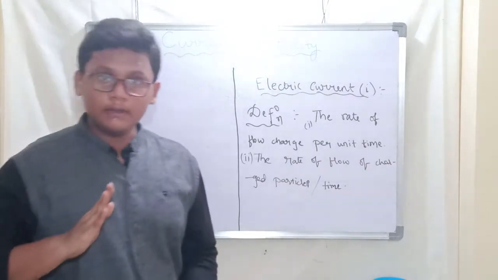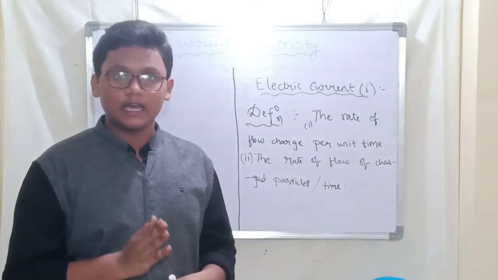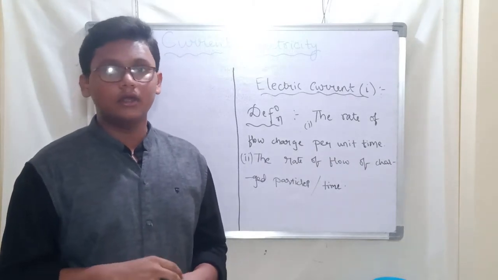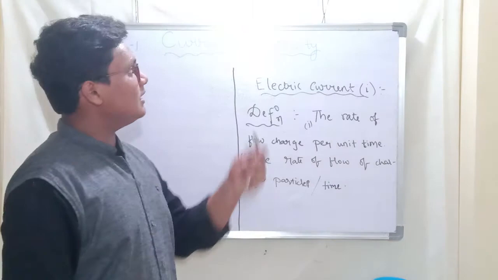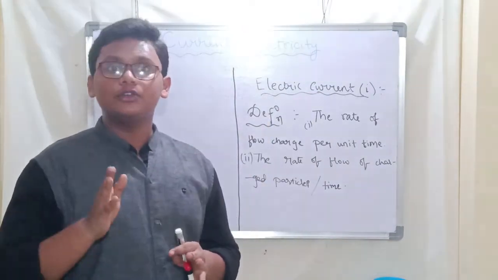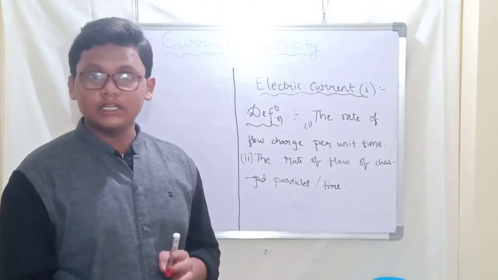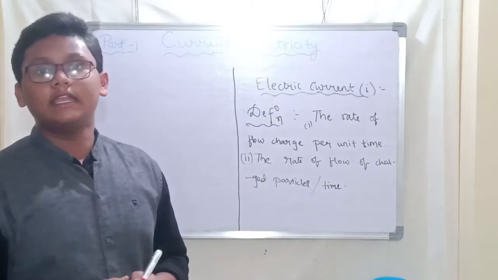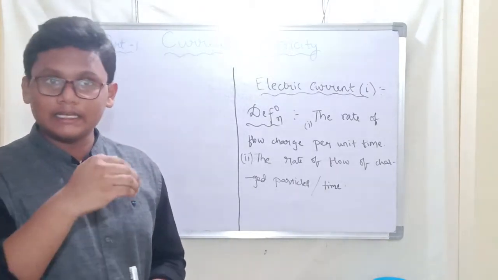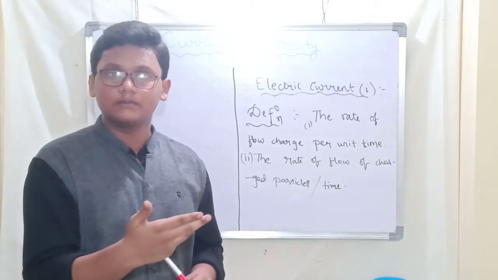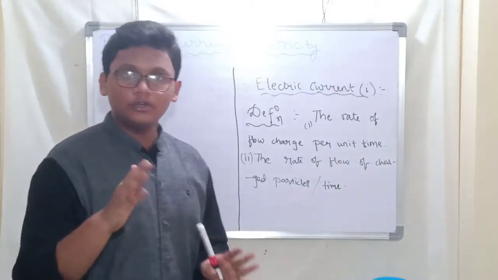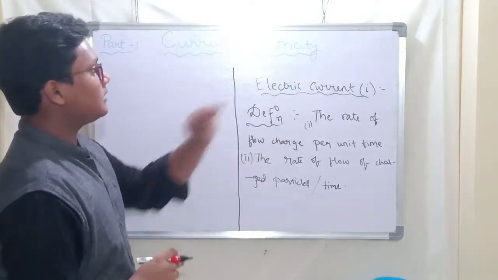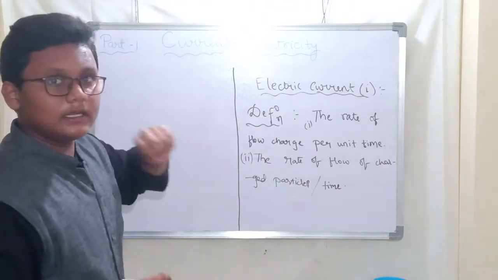It will flow, the current will flow, and due to that the electric current will come. Understood? That's the thing. The flow of electric charge creates the electric field, due to that the bulb will glow. That's what happens in a conductor.